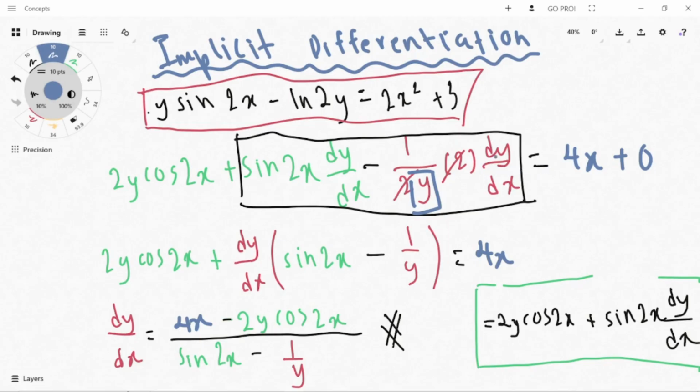As you can see in the black box, we can factorize the dy over dx because it's a common factor for those two expressions. And we should get dy/dx times sin 2x plus 1 over y equals 4x. The final answer should be dy over dx equals 4x minus 2y cos 2x over sin 2x minus 1 over y. That's all for me today.